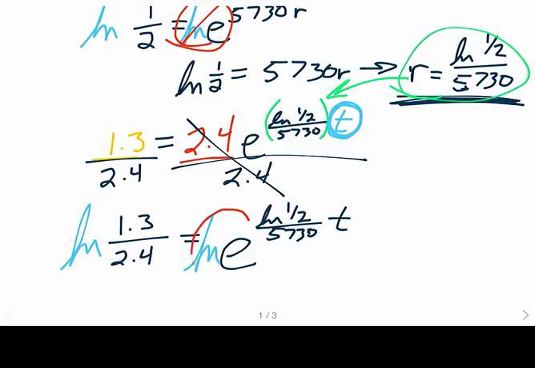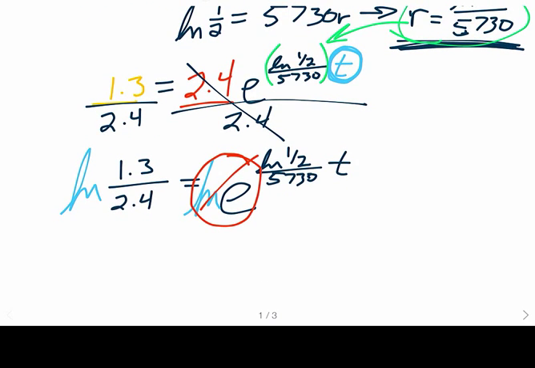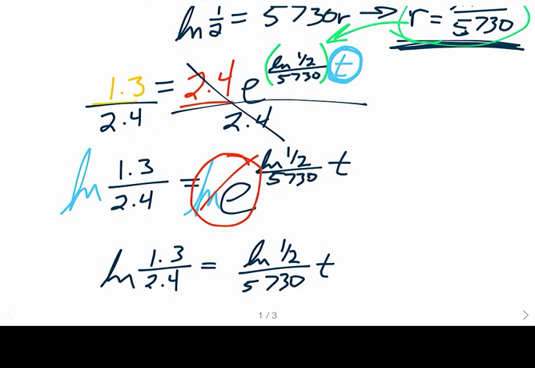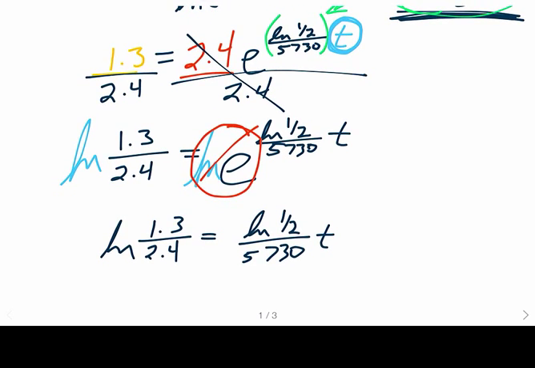We have that cancellation property of logarithms. And so this equation now becomes natural log of 1.3 over 2.4 is equal to the natural log of 1/2 divided by 5730, all times t.